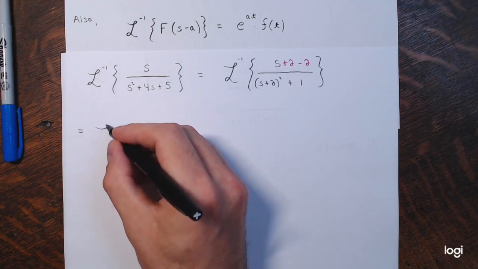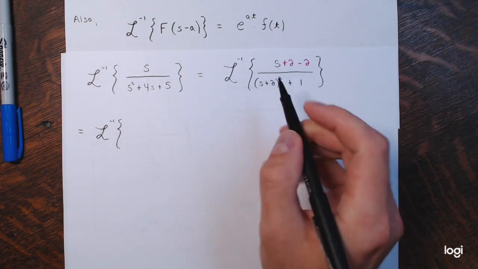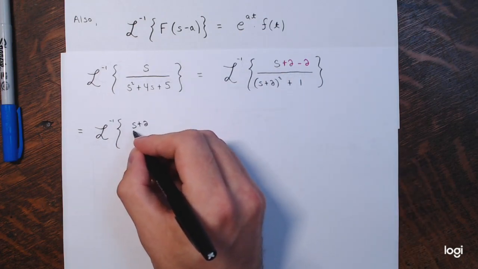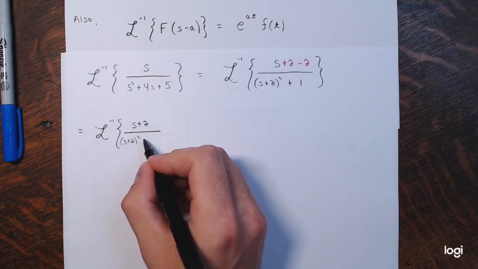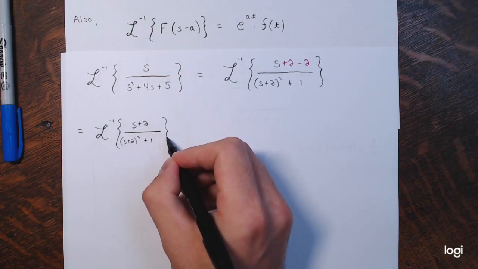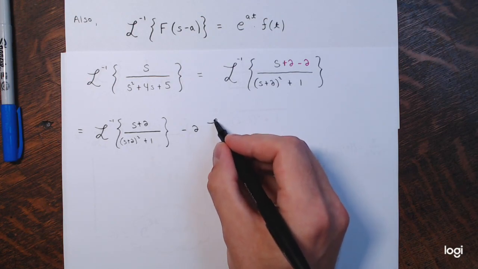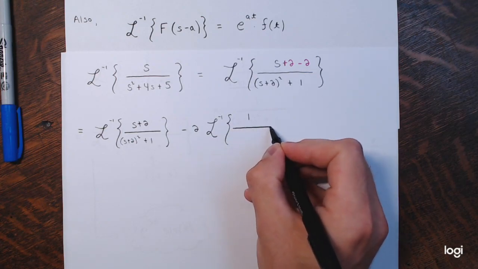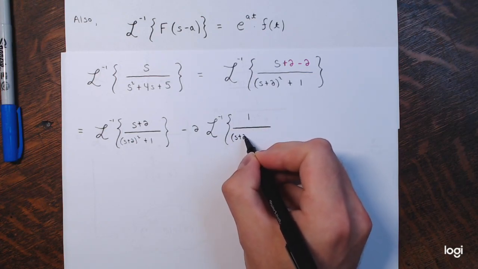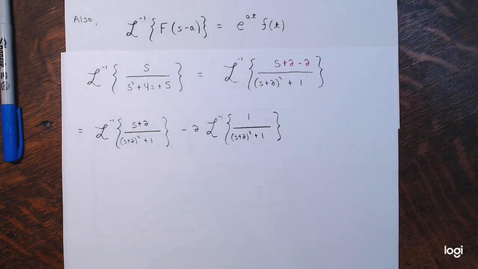So this is the inverse Laplace transform of s plus 2 over this denominator, so s plus 2 divided by s plus 2 squared plus 1. And then I'd have minus 2. Well, I'll pull that out. Minus 2 times the inverse Laplace transform of 1 over s plus 2 squared plus 1. And then we'll work with each of these separately.